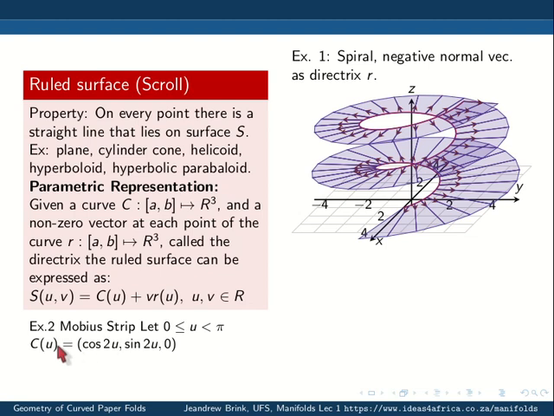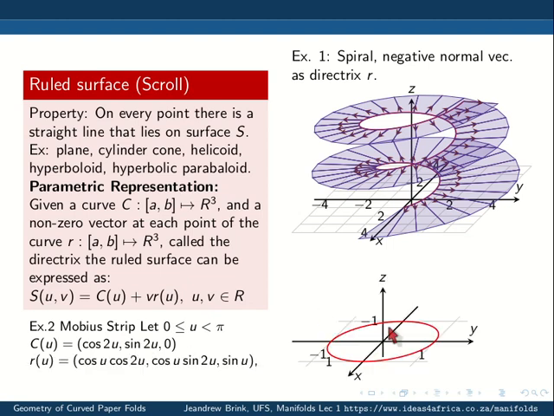And you're going to have a curve that's basically a circle, except that you go around it twice as rapidly. So this is basically a circle. If u goes from 0 to pi, this thing sweeps out an entire circle, you go from 0 to 2 pi. And then, okay, so there's my circle.